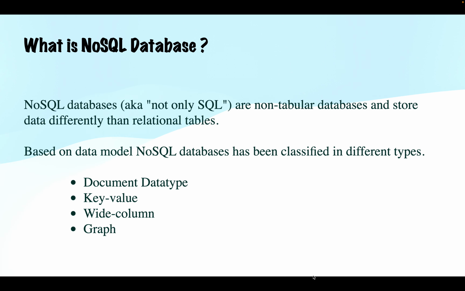When we store any information in a relational database, we have a table. In the table we have columns and rows. For each entry we create a new row, and the column size is fixed. Okay, it's not really fixed, you can change the column size anytime, but it's not dynamic.